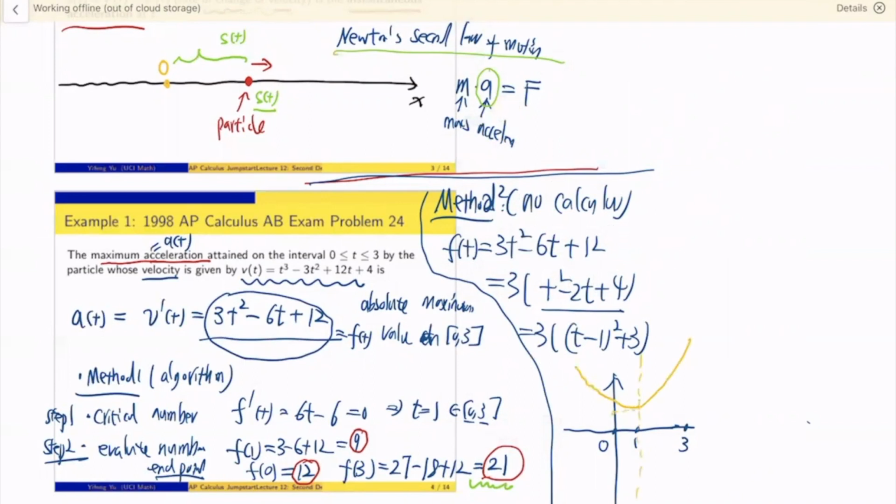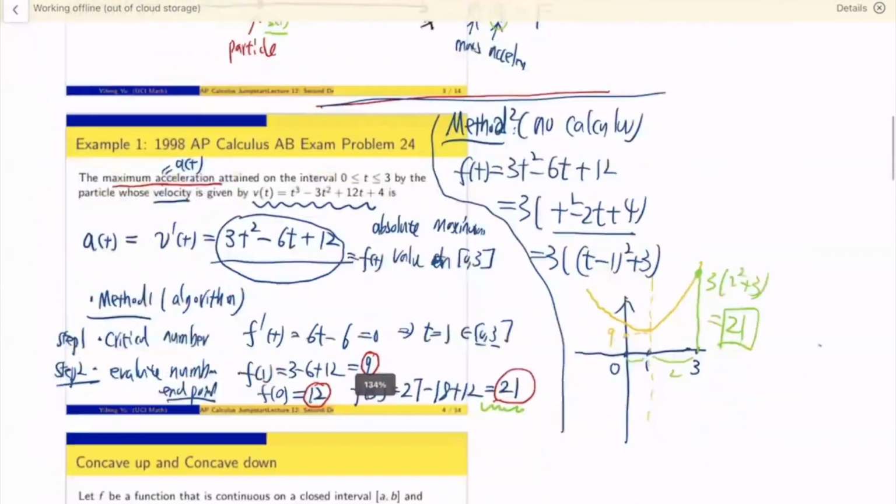Here is the minimum value, which is 9. Obviously this is 1 and this is 2, and we know 3 is where the maximum value is. If you plug in 3 here, you get 3 times 2 squared plus 3, and you just get the same thing, which is 21.